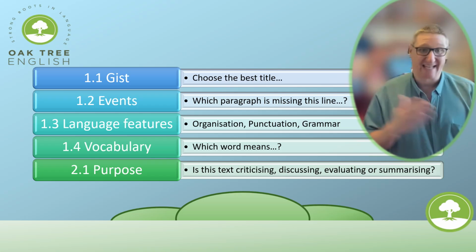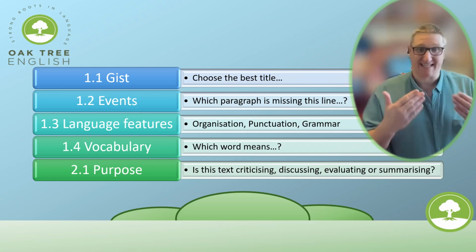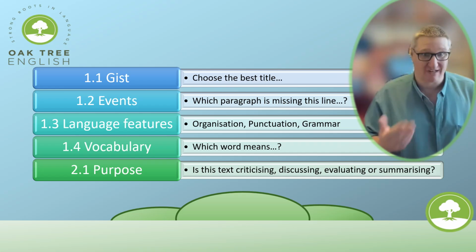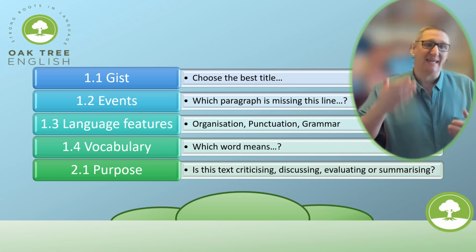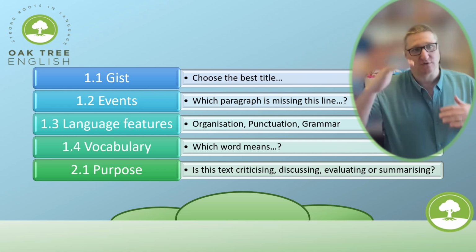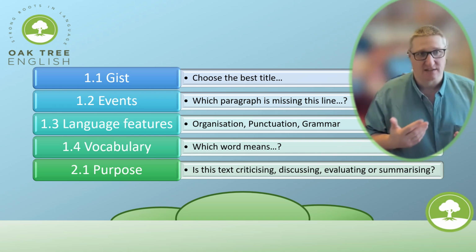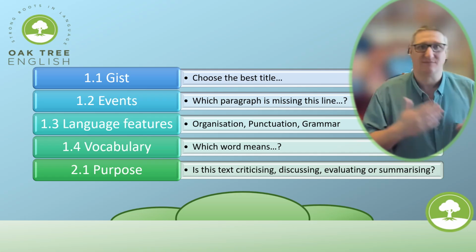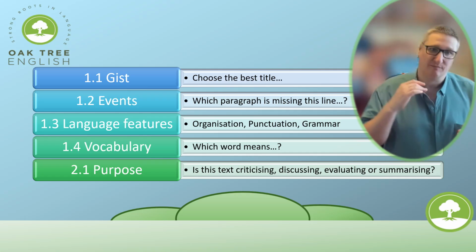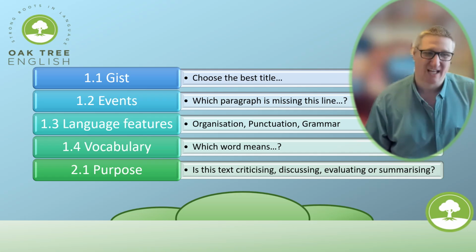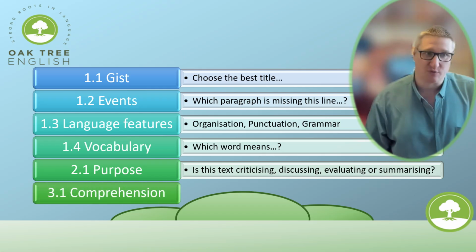Sometimes it will be explicit, saying exactly what you should write down, and sometimes it will be implicit, which means you have to read between the lines, trying to understand what is being said, though it may not be said using the words.